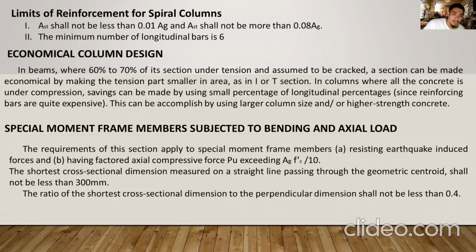Limit of reinforcement for spiral columns: area of steel reinforcement should not be less than 0.01 of the gross concrete area, and shall not be more than 0.08 of the gross concrete area.